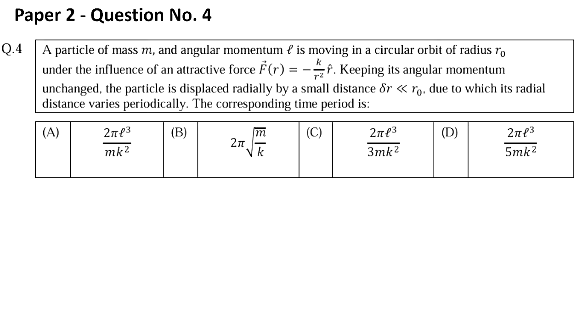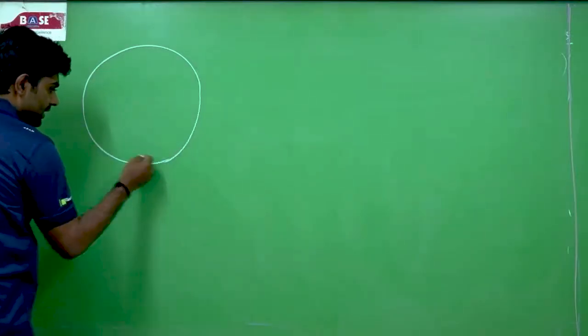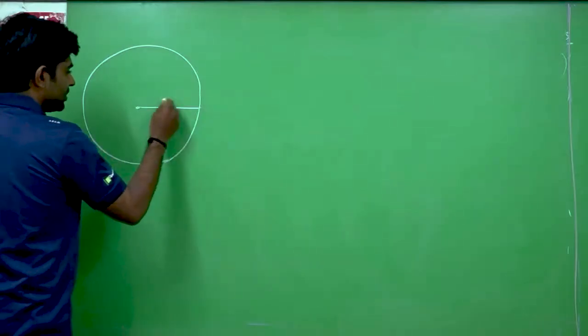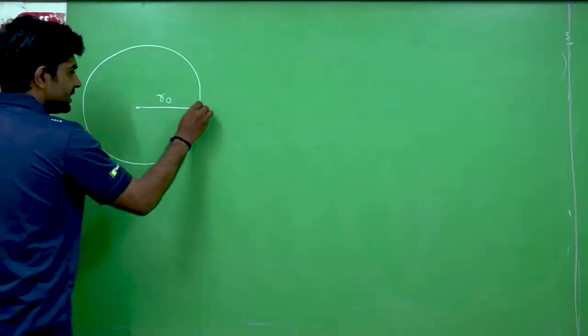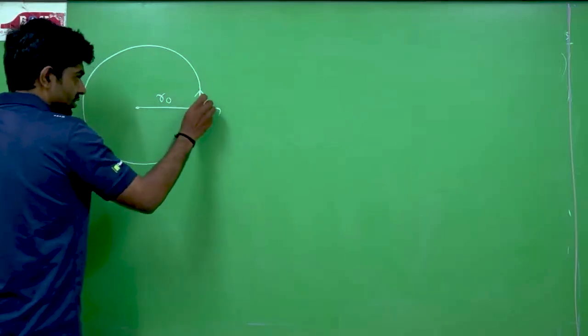Okay, so it's a pretty good problem, and it involves the ideas of Newton's laws of motion, circular motion, and a little bit of approximations. So let's try and solve this. Okay, so we have this idea that if there is a particle which is moving in a circular orbit of radius r0, let's say this particle has mass m and is moving with certain velocity.